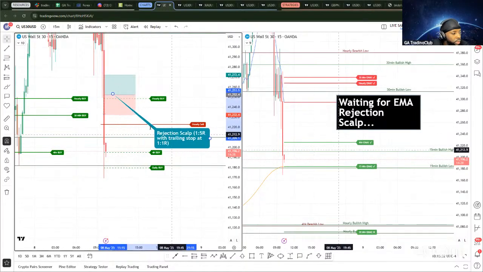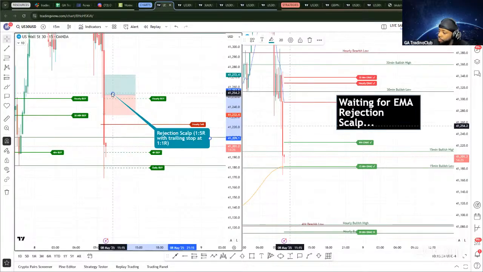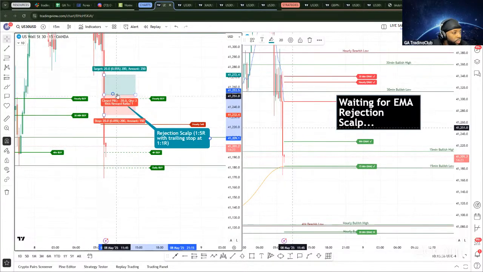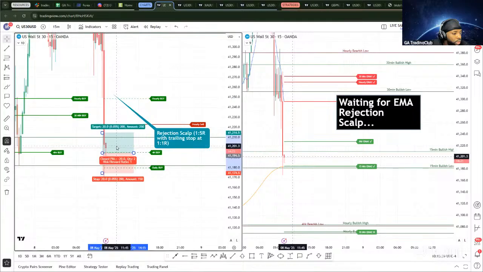This other one is based off of 41,194, somewhere here.